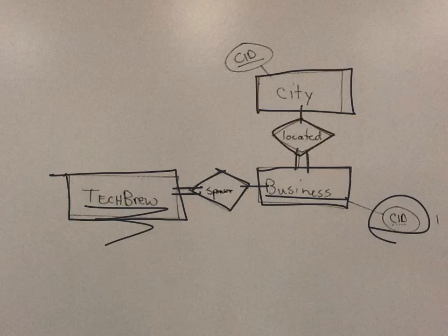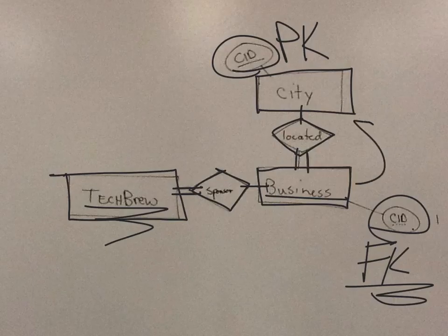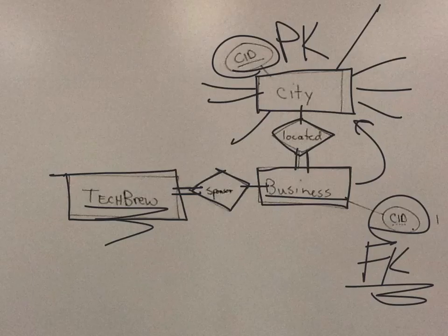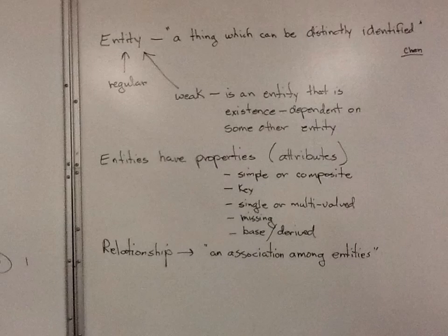It must be located in a city. City ID, primary key. And here we have a foreign key, right? That relates this business to the city. And then we can have all this information about the city. If we can get these diagrams pretty accurate, it saves us a lot of time and effort once we create the database.